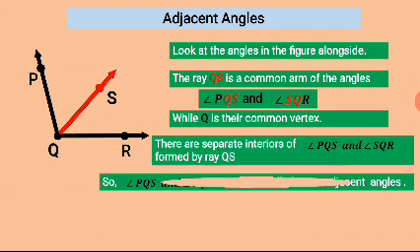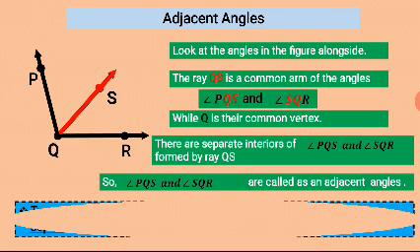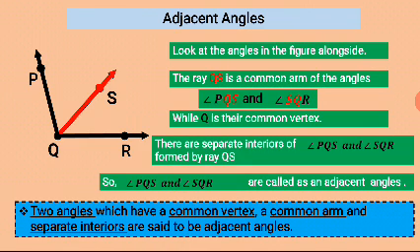So angle PQS and angle SQR are called adjacent angles. Got it? Now, what is an adjacent angle? Two angles which have a common vertex.